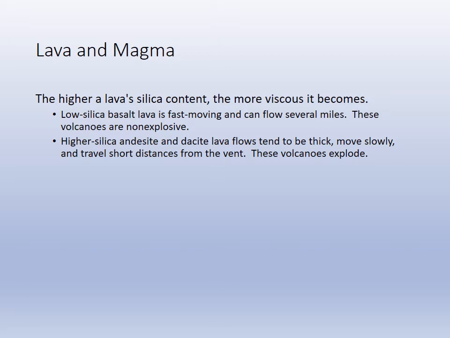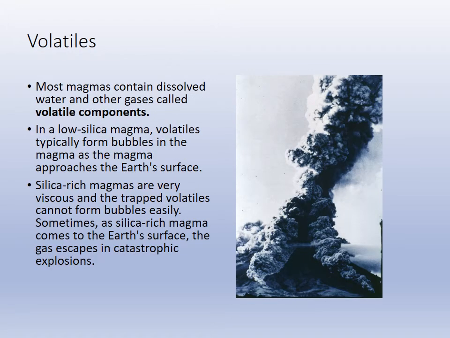Higher silica basalt found in continents, remember granite is higher in silica than basalt, they explode. And again, the volatile components come off of the magma as it seeps to the surface and becomes lava.